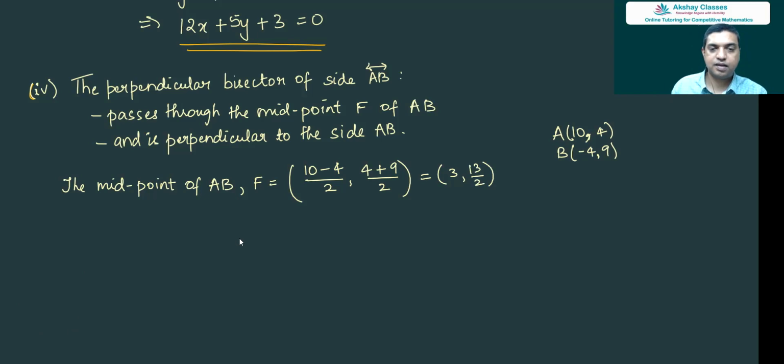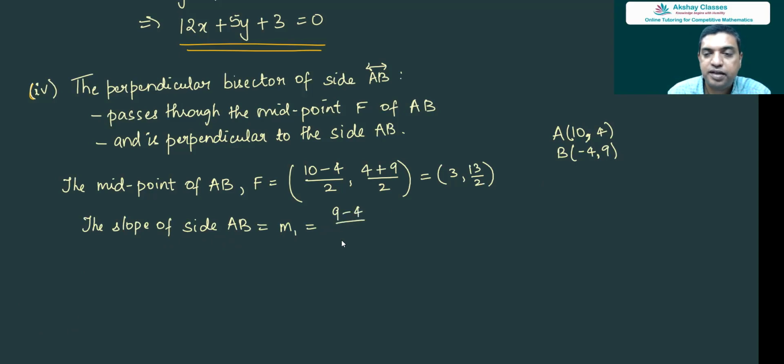Now slope of side AB, M1. So y2 minus y1, 9 minus 4 by minus 4 minus 10. So we get 5 upon minus 14, minus 5 upon 14.